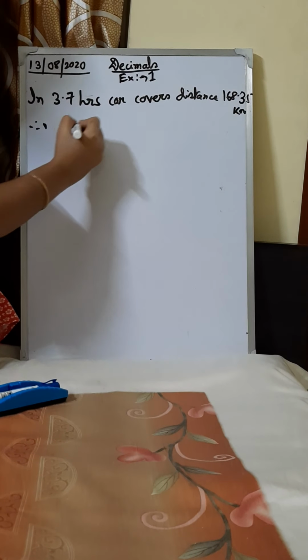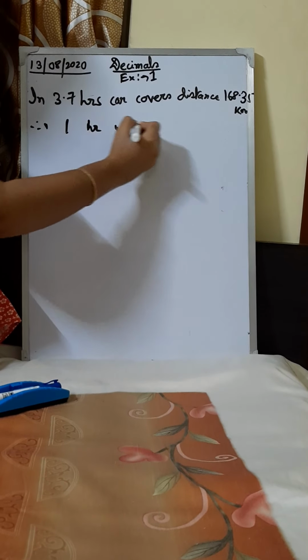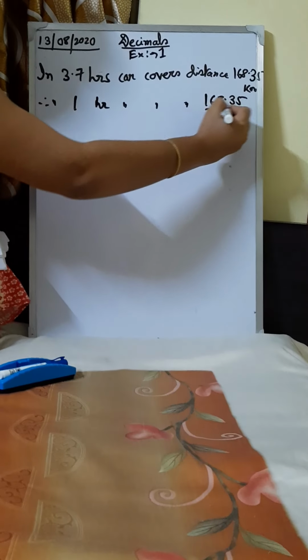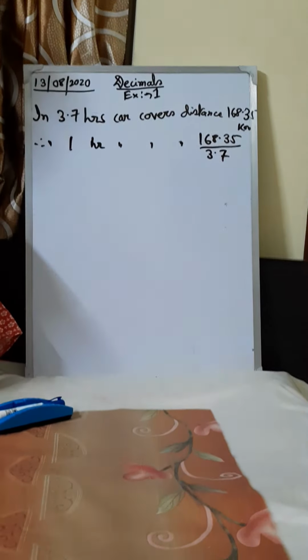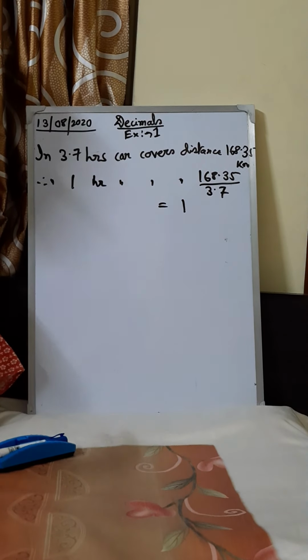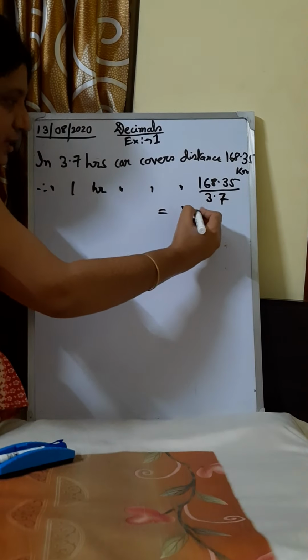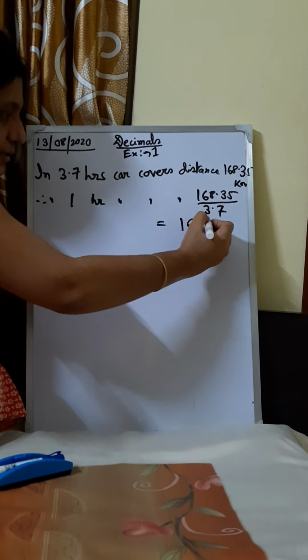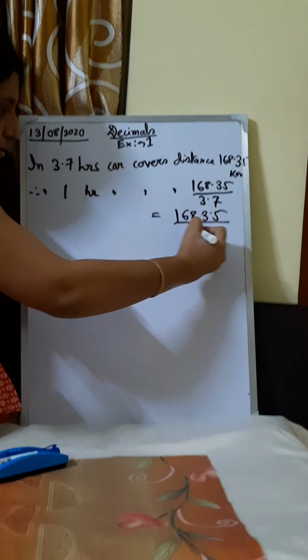Therefore, in 1 hour, the distance the car covers is 168.35 divided by 3.7. In division you know that first you have to convert the denominator into what? A natural number.